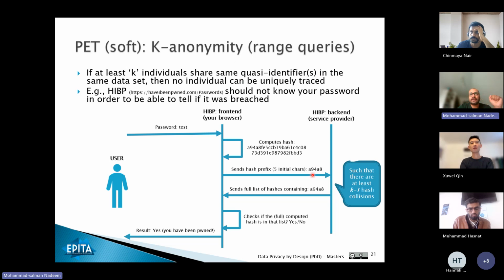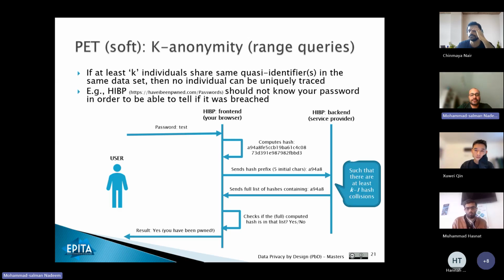The same quasi identifier being the 5 letters that were sent by the front end to the back end. And this is exactly where the backend guarantees that there is essentially at least k-1 hash collisions. What does that mean? That means that there is at least more than one quasi identifier based value available.